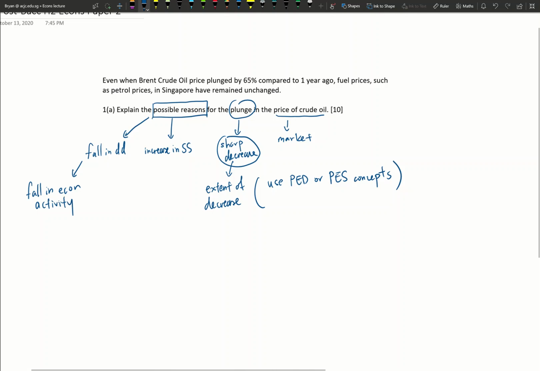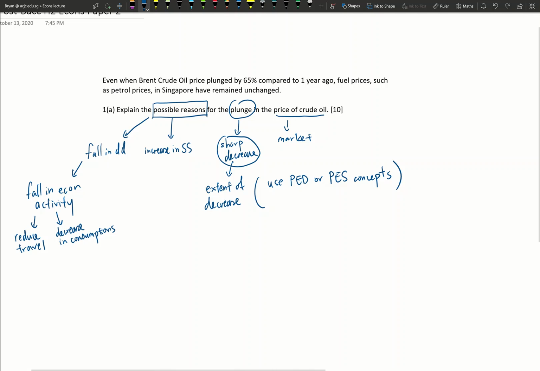right? And this fall in economic activity could relate to things like reduced travel due to COVID-19 and the pandemic where restrictions are imposed. It could also be related to a decrease in consumption of products that use oil as a factor of production.